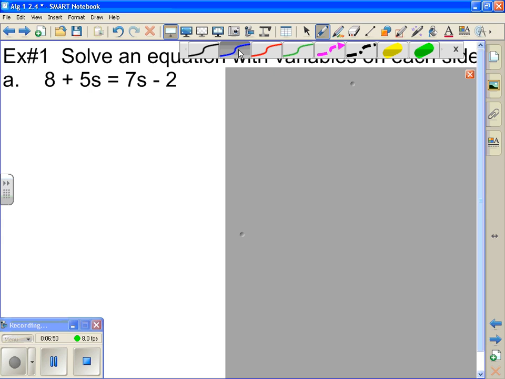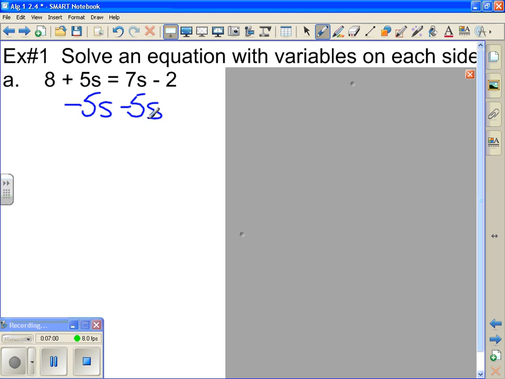We're going to subtract the 5s because the 5s is positive. So the 5s on the left cancels out, leaving you only with 8. On the right, 7 minus 5 is good, 2s. And then bring down the minus 2. So step 4 is now complete.